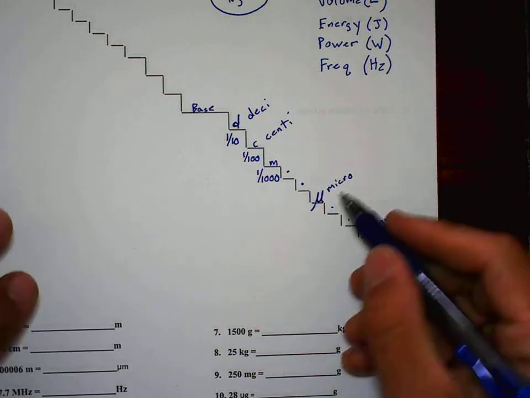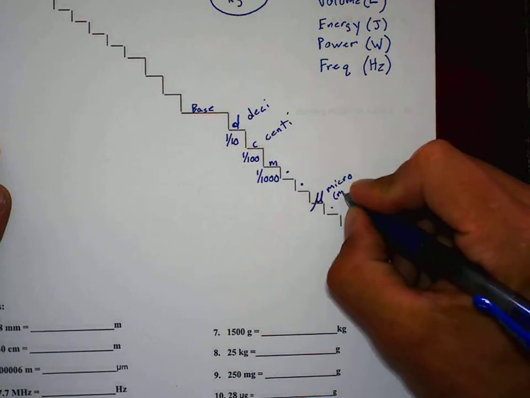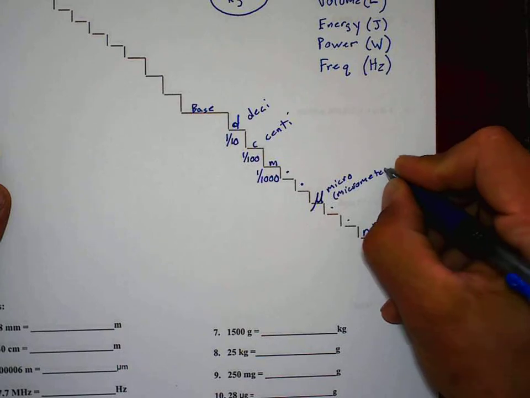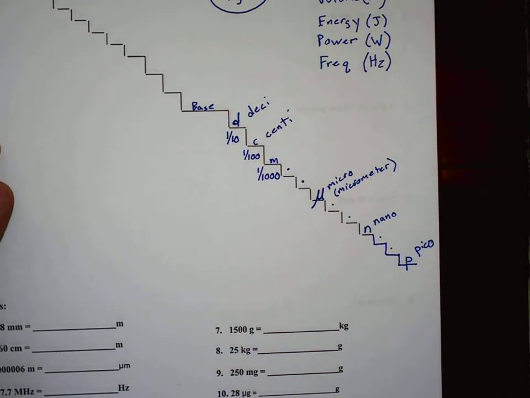So a micrometer. We'll put an example on there. You could have a microliter, you could have a microjoule. A micrometer is a common one though for micro.